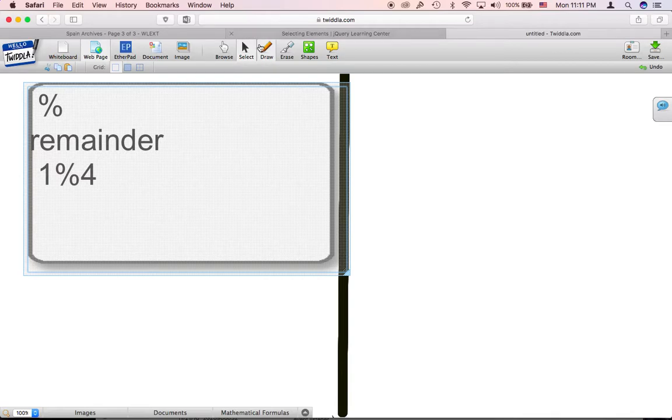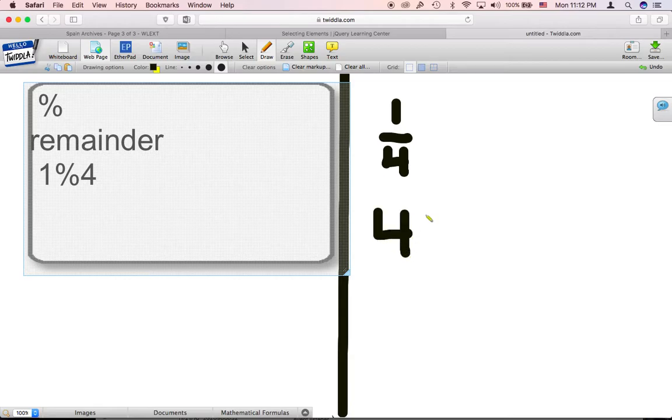And that is by going back in time to 3rd grade math, to when we used to write 1 divided by 4 like this. You probably haven't seen this in a really, really long time. I hadn't either. But for me, visually speaking, this is the easiest way to understand it.